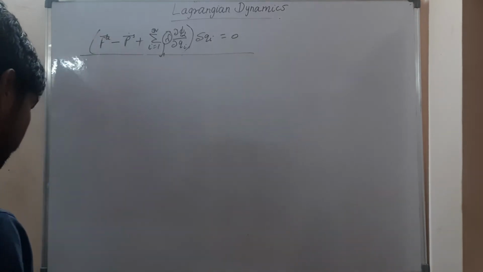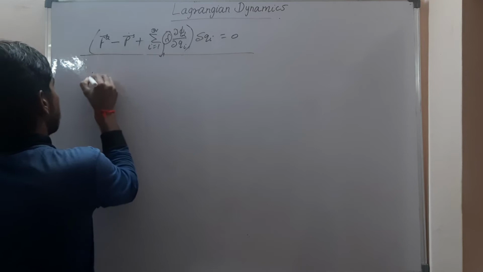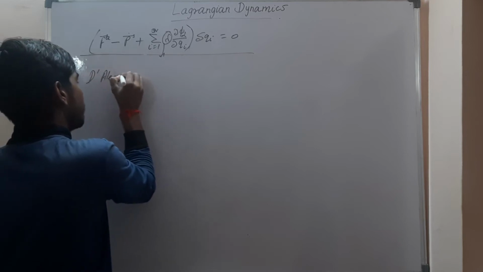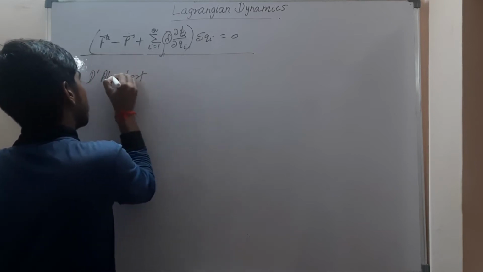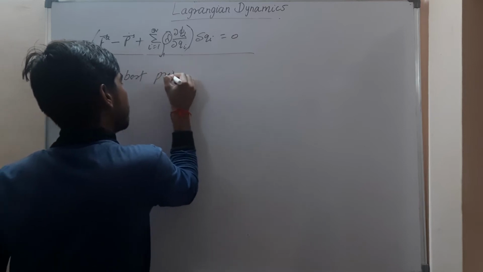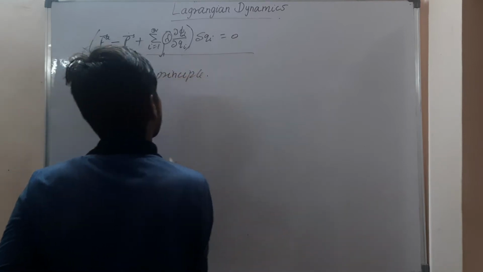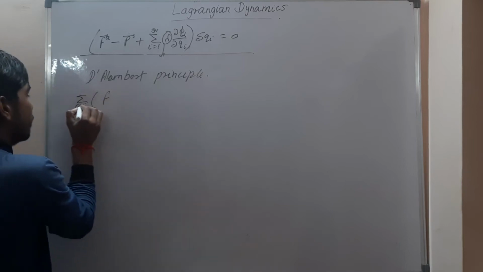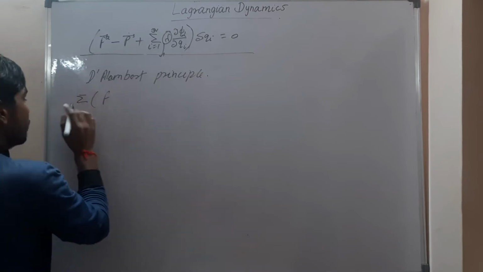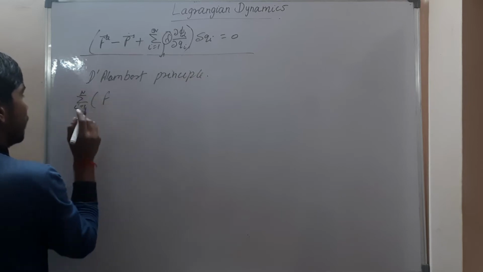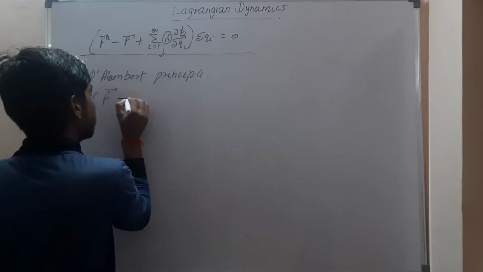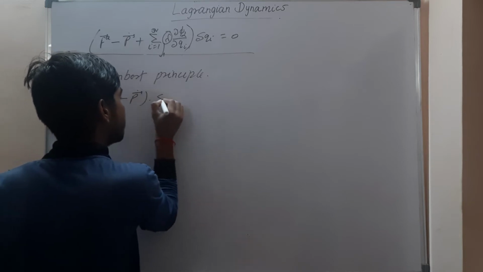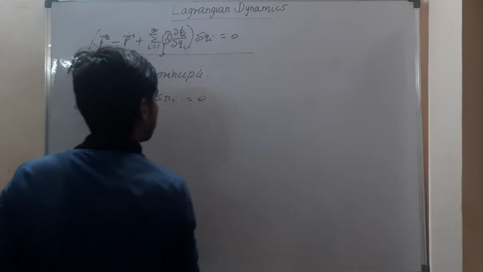Our D'Alembert principle is like, sigma, number of particles i is 1 to n, applied force minus P dot is equal to 0.